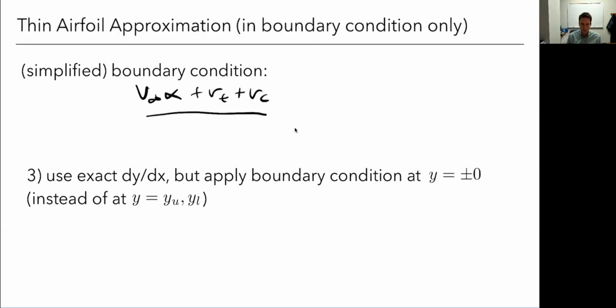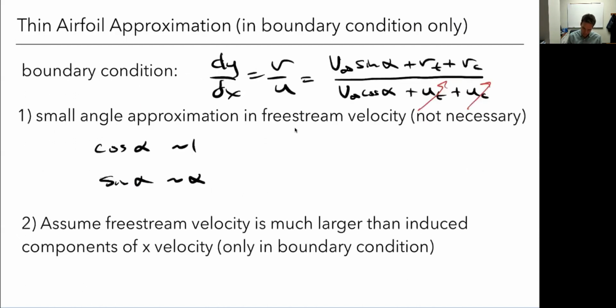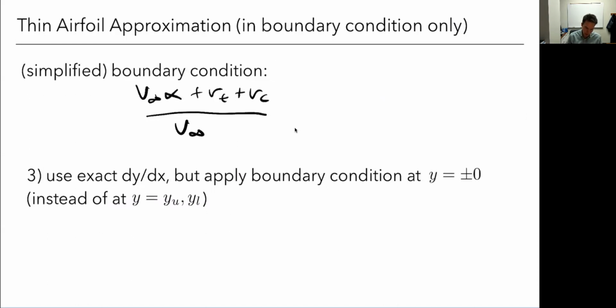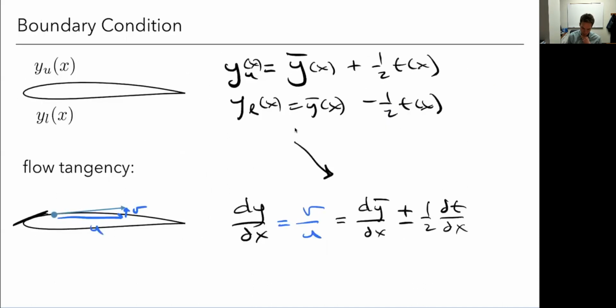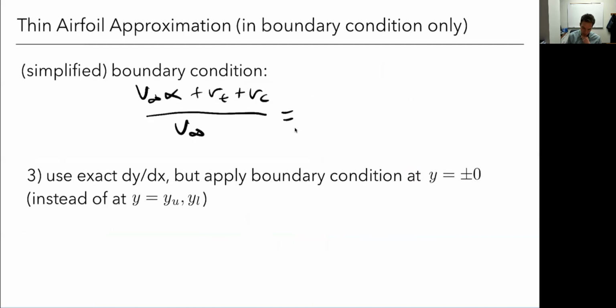And on the bottom, we have just v infinity, because we're assuming that one is small. And this equals dy/dx, but I'm also going to write dy/dx this way: dy bar/dx plus or minus 1/2 dt/dx. Okay, this is what we've got so far.